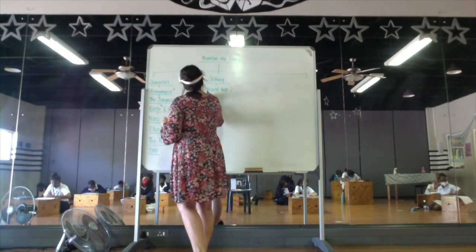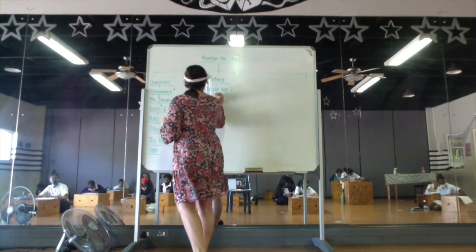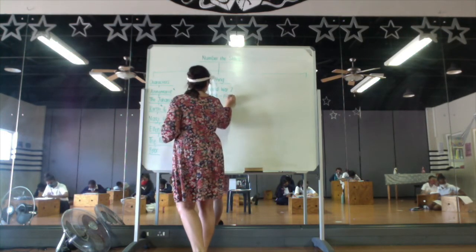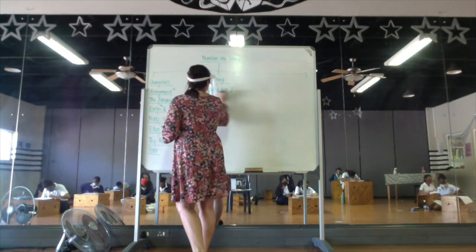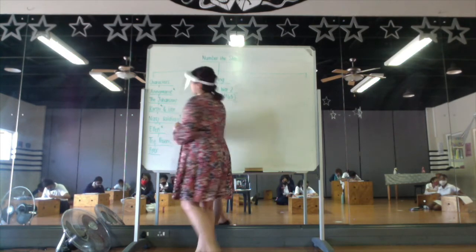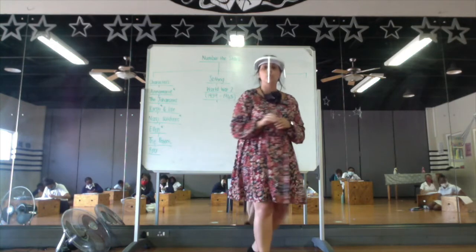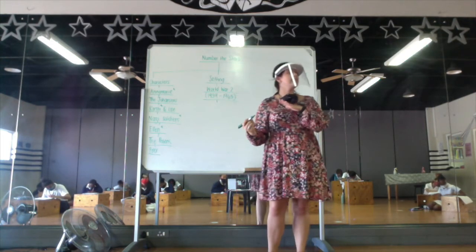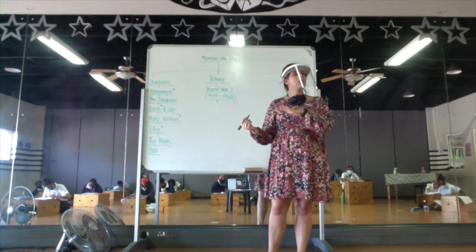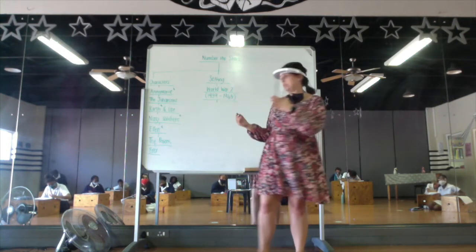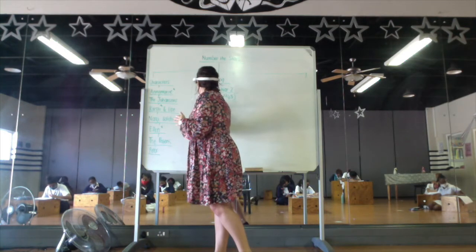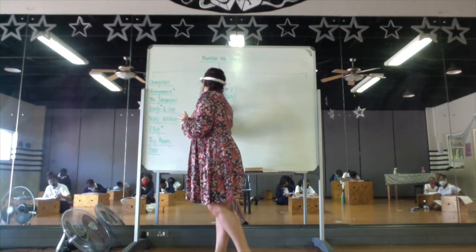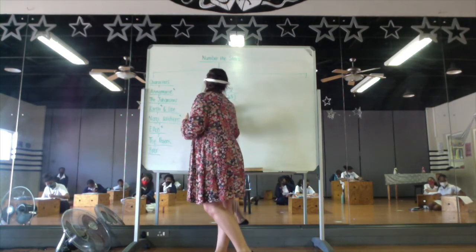If you want to go so far as to include the years, you may not need them for this test, but you might need them for the next kind of thing. You know, it's always good to know. And who came through and invaded Denmark? It was the German Nazi soldiers.